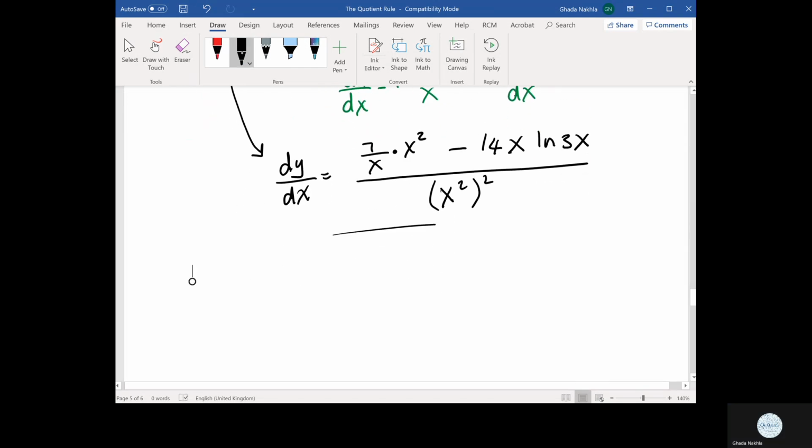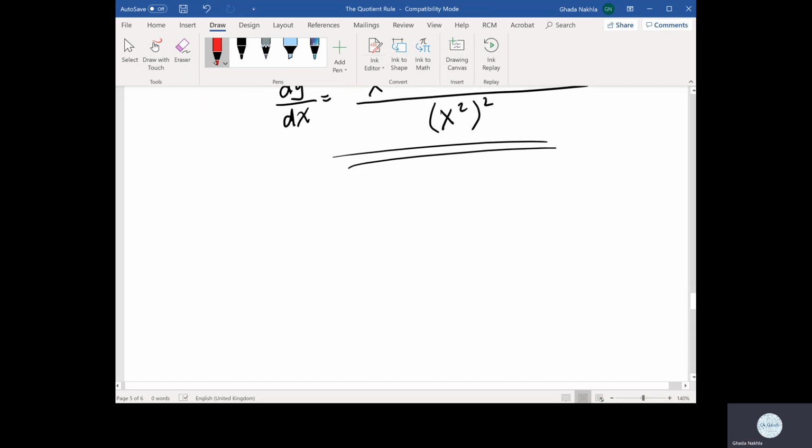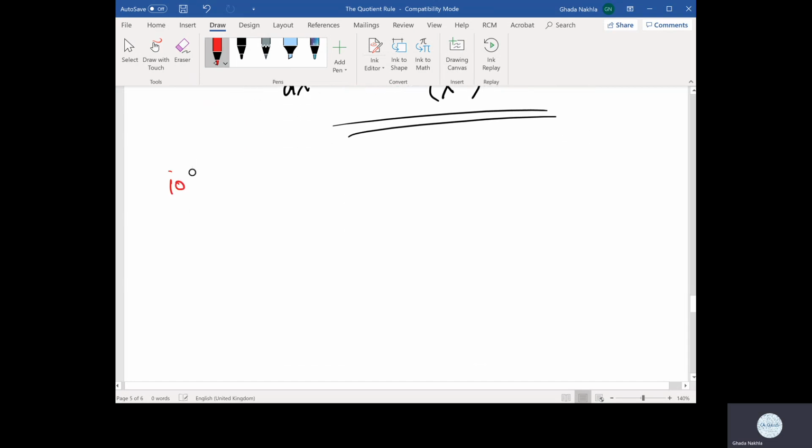Okay. So let's take a look at the final question we are going to do together. Y equals 4x to the 5 divided by e to the 3x.